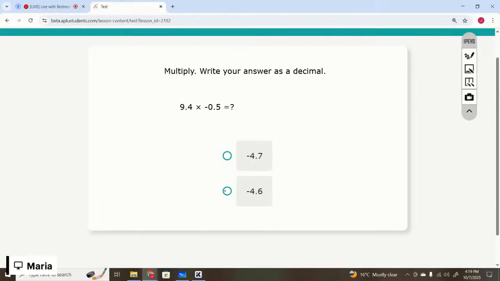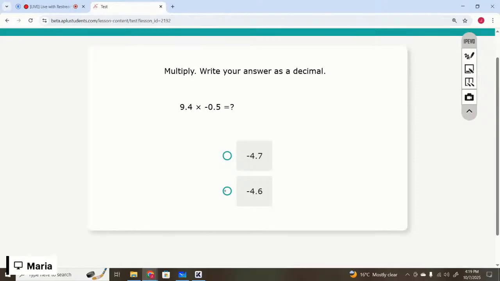Negative 9.4 times negative 0.5. So multiplying a negative and a negative number means the answer must be positive.